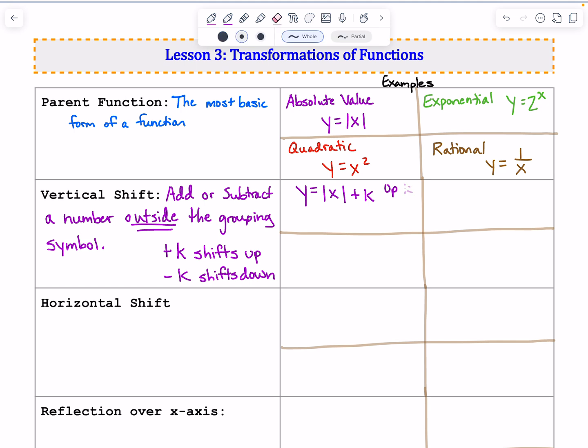Actually, I'm going to add an actual number. Let's say plus 2. So this shifts up 2, and then y equals the absolute value of x minus 2 would mean it shifts down 2.